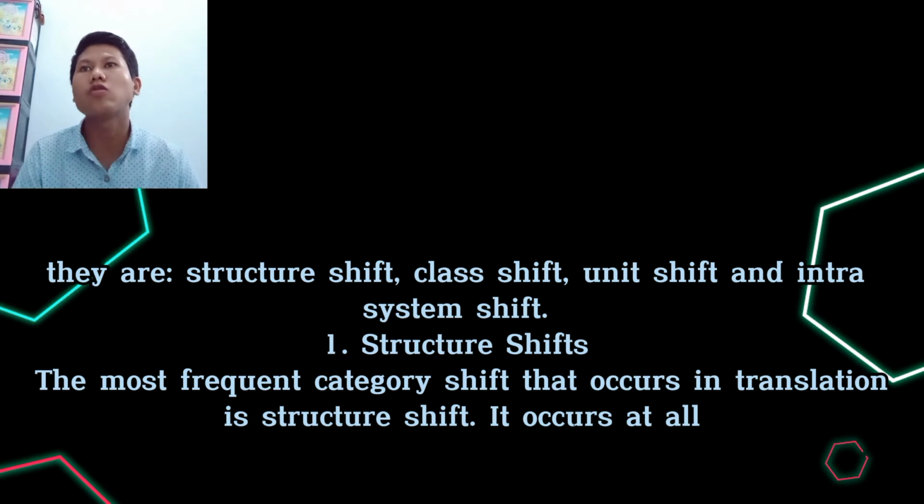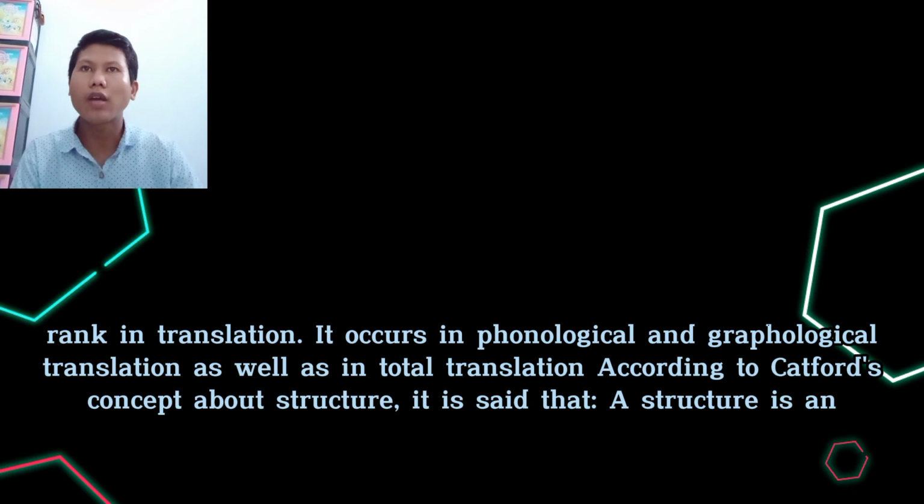Okay, let me explain the structure shift. What is that? The most frequent category shift that occurs in translation is structure shift. It occurs at all ranks in translation. It occurs in phonological and graphological translation as well as in total translation.